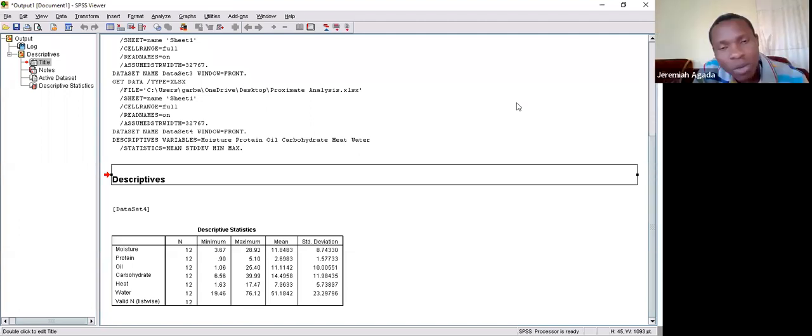Okay. When it comes to data cleaning, I was saying that you cannot do analysis with missing data in your data view if you want to do analysis on SPSS. So to allow the whole thing to continue, you have to put 0.